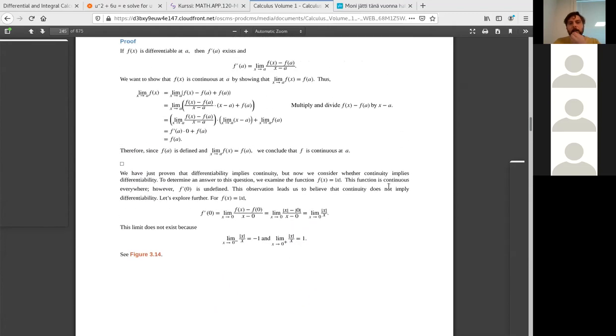And if we try it with the limit characterization, so the limit as x approaches 0, and we have f of x, which is the absolute value of x minus 0, and we have x minus 0 here. So in fact, what we get is the limit of the absolute value of x divided by x, x approaching zero.